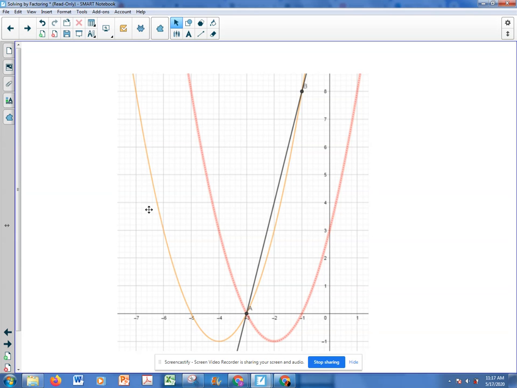So if I subtract the black one from the orange one, it turns it into the red one. And please see the roots of the red one, the place where it hits the x-axis, is negative 3 and 1, which is the same places where the orange and the black intersect. So that's what's happening. I hope you got something from that.